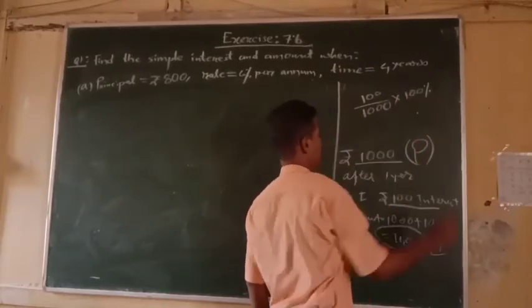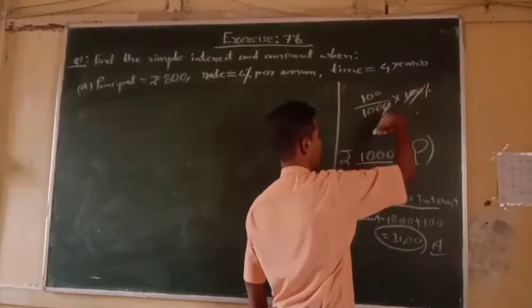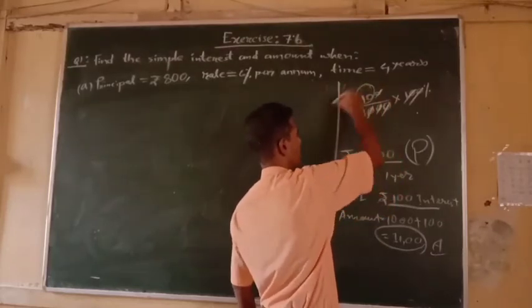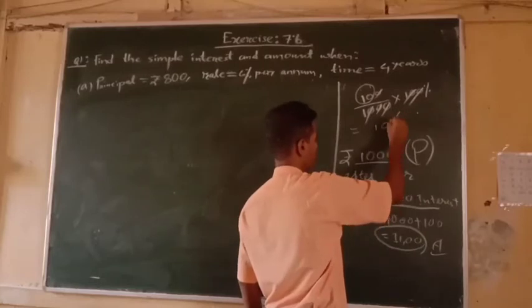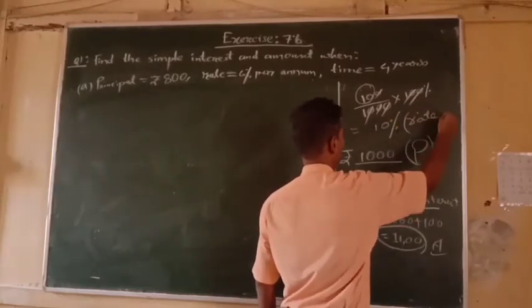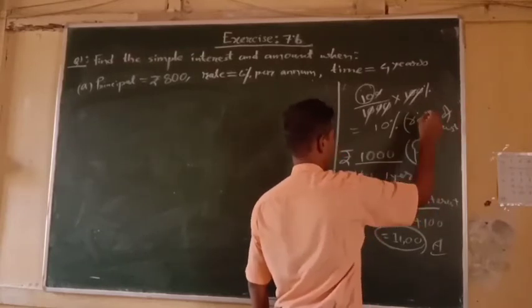Zero cancel, zero cancel, remaining only 10 and percent. That means this 10% is your rate of interest. Are you getting me?